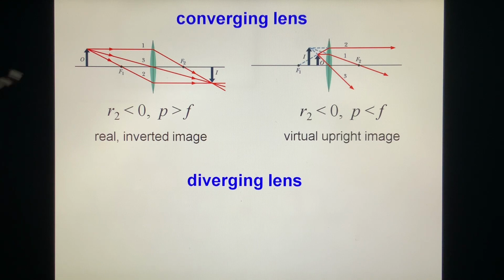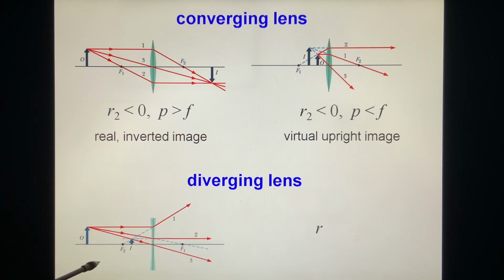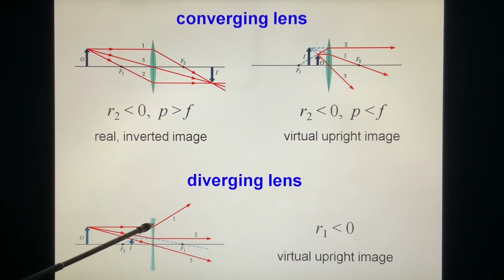Diverging lens. We look at this. In any case, R1 is on the virtual side, a negative number, and R2 is a positive number. So in any case, we get a virtual upright image.